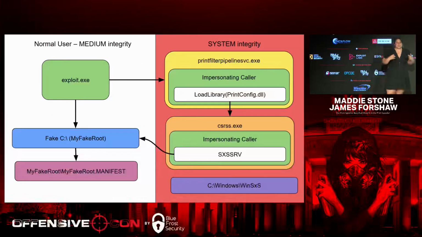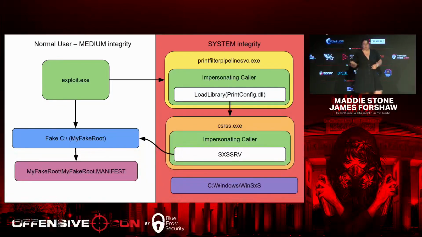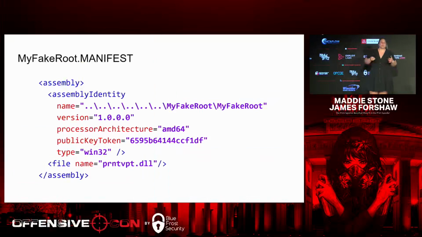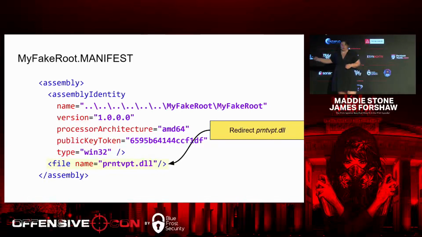And so now that side-by-side service knows, hey, we're also dependent on this other assembly, it's going to go back into the impersonated C drive to grab that myFakeRoot manifest. And the myFakeRoot manifest specifically says, hey, you're going to be dependent and need this file print.vbt.dll.